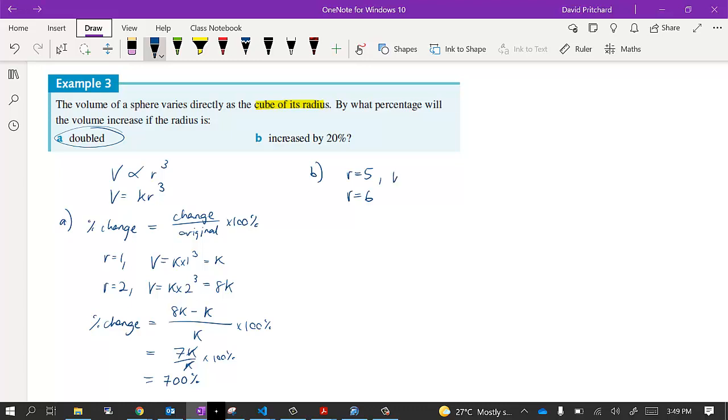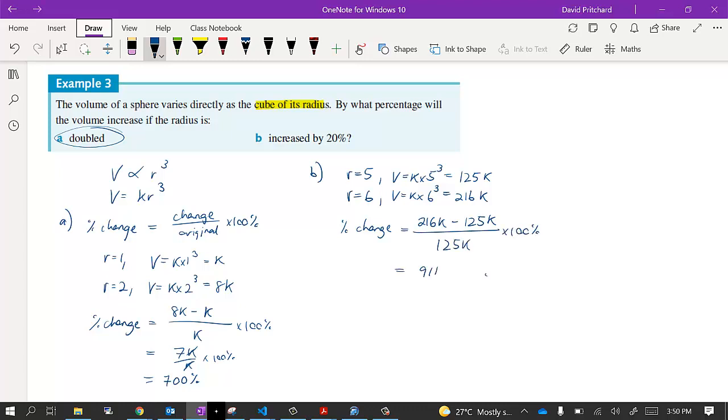So this gives me a volume of K times 5 cubed, which is 125K. A volume of K times 6 cubed, which is 216K. And therefore my percentage change will be the change, which is 216K, subtract 125K, over the original, which is 125K times 100%.